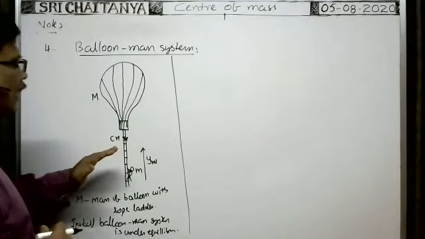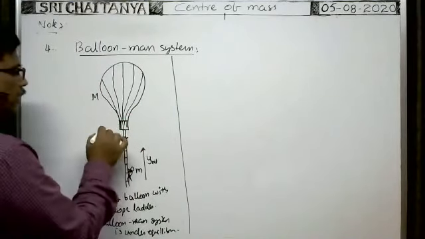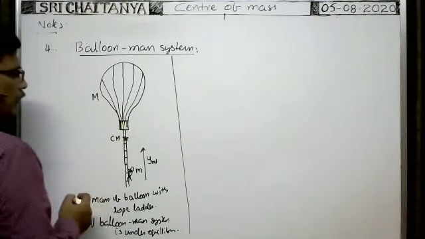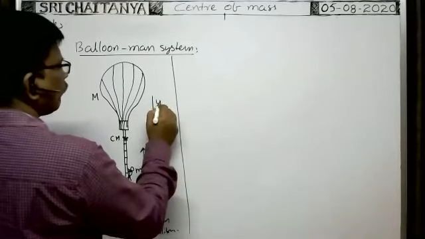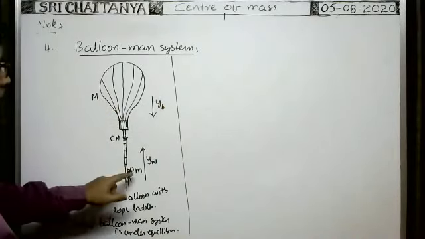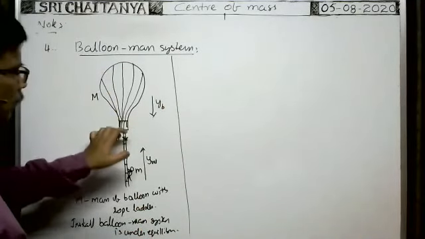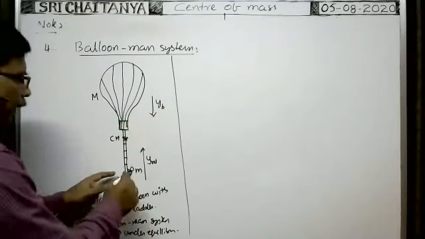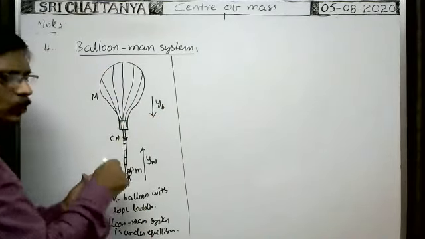Internal force does not alter the center of mass. That's why, whenever the man moves upwards, definitely the balloon comes down. Suppose the balloon comes down through a distance y balloon. From the earth, when you observe the balloon, when the man moves upwards with respect to the balloon through a distance y relative, suppose the balloon comes down through a distance yb, because the man pushes the balloon downwards by pushing the ladder downwards.